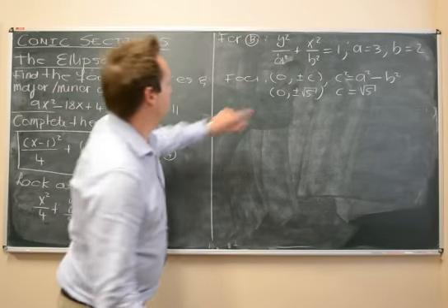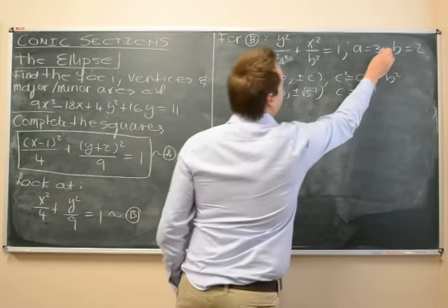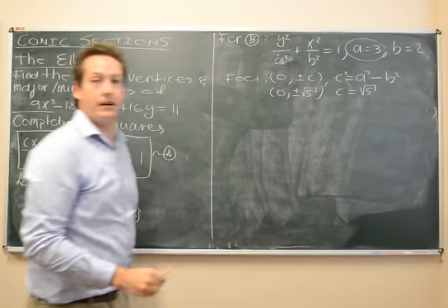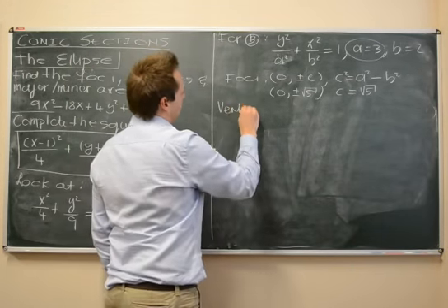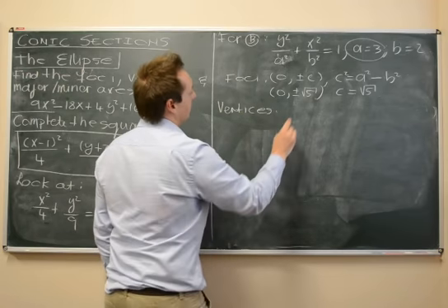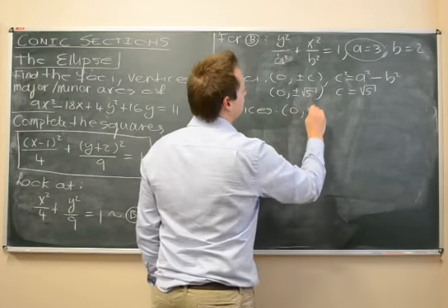The vertices are given by a. So what will the vertices be? At 0, plus or minus a.